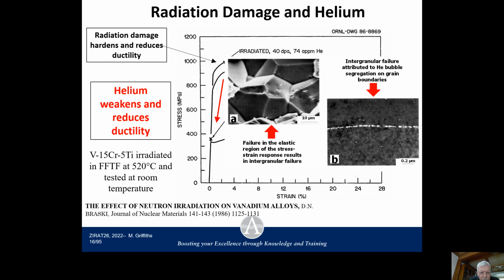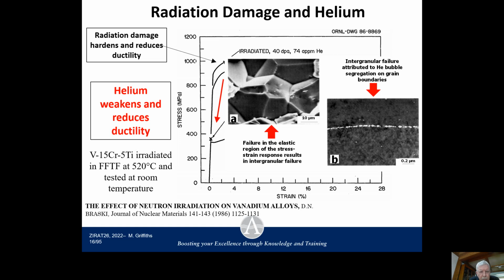But the most important thing I want to point out is that there is the characteristic change in both the yield strength and the ductility with increasing dose.